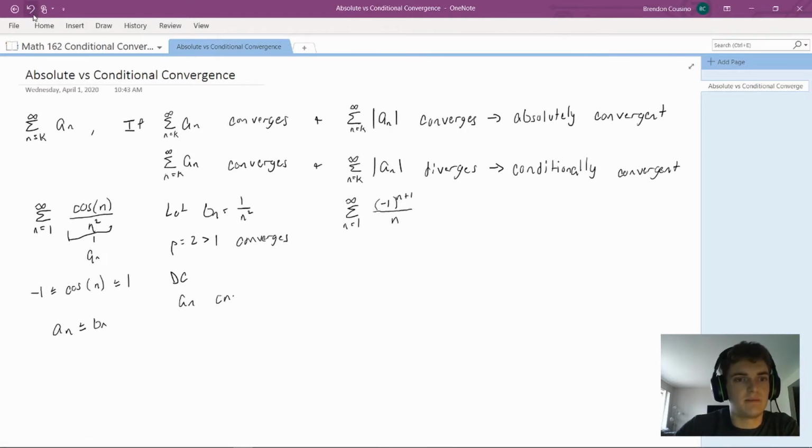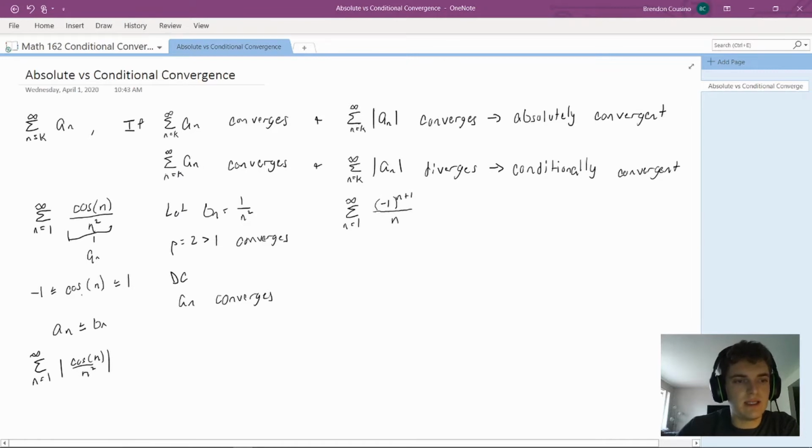So that tells us that a of n converges. Now let's take the absolute value of a of n. This is the series as n equals 1 to infinity of the absolute value of cosine of n divided by n squared.